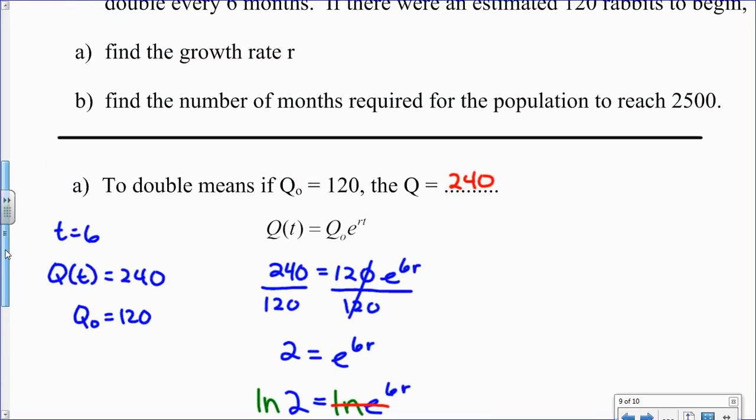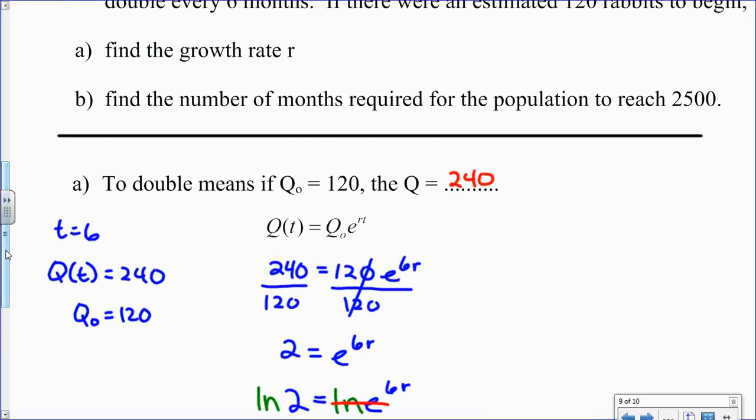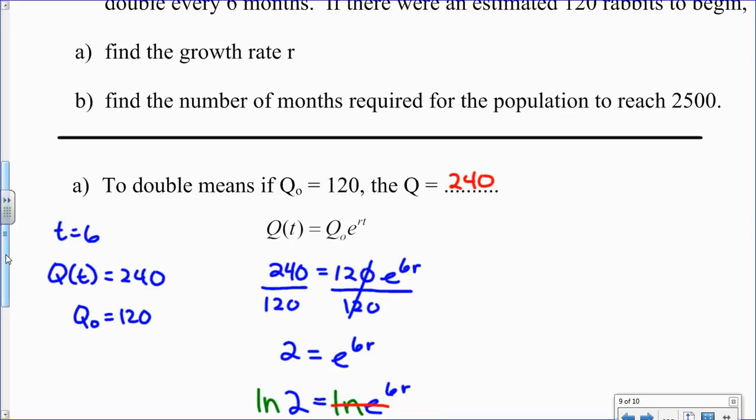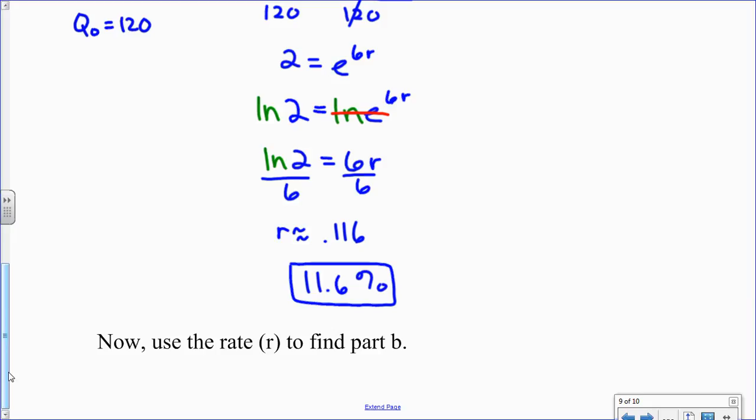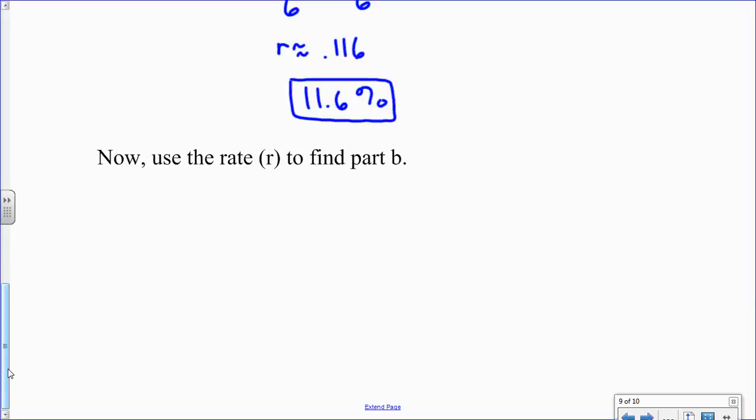Find the number of months required for the population to reach 2,500. So we're going to use this as our rate for Part B. So this time we want to know how many months.